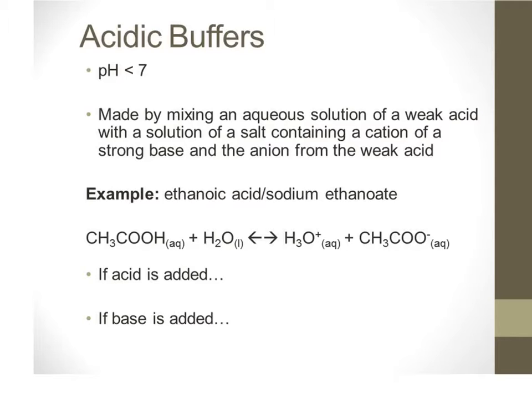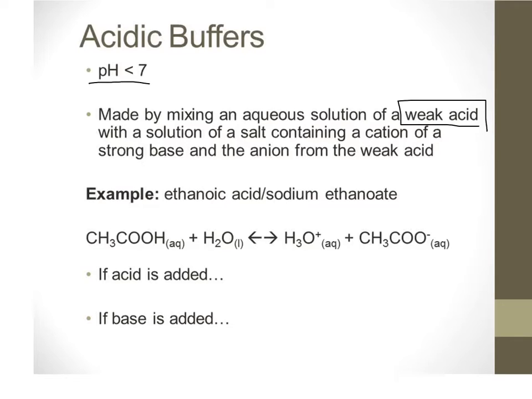To start with, acidic buffers are buffers that have a pH less than 7. The way that these are made is by mixing an aqueous solution of a weak acid with a solution of a salt containing a cation of a strong base and the anion from the weak acid.